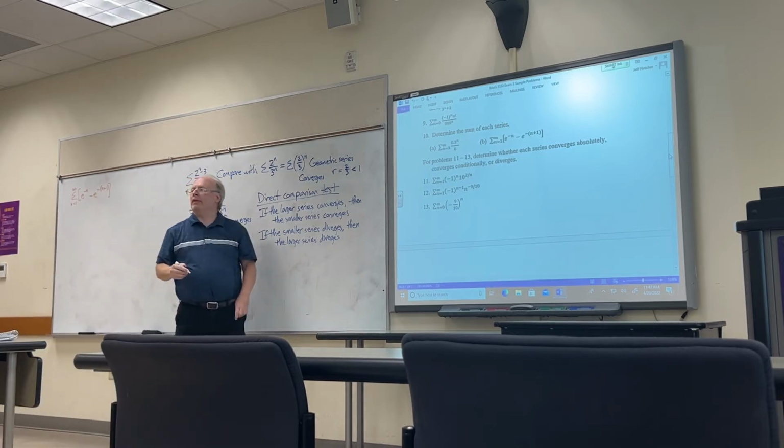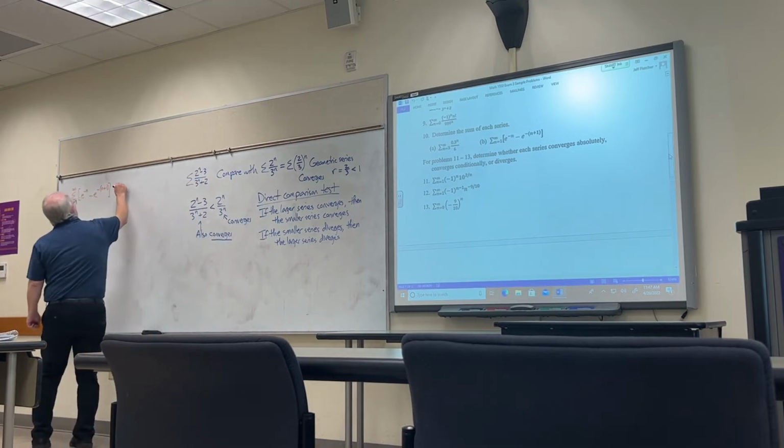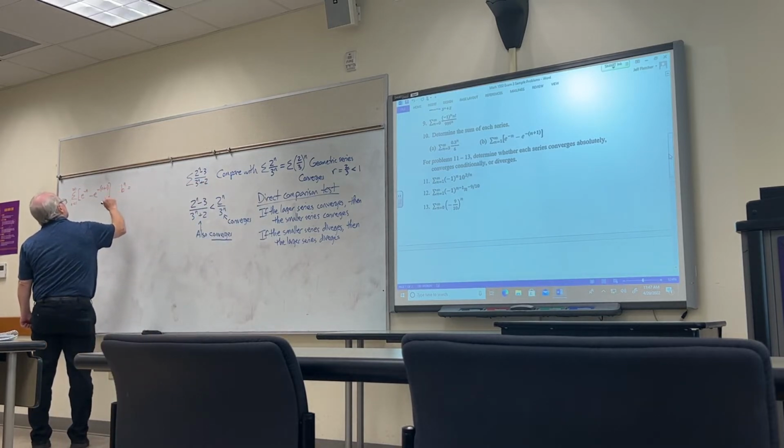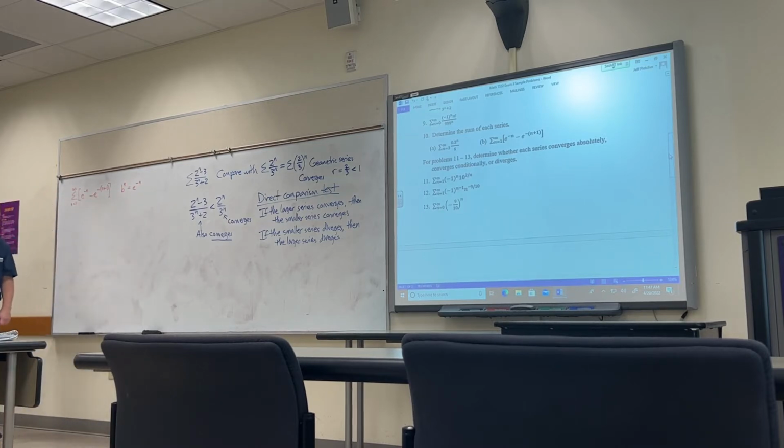Remember with the telescoping series, how do we tell whether it converges or diverges? Use b_n. Now, what's the b_n in this series? Yeah, it's just e to the negative n. It's the sequence that you're taking differences of.